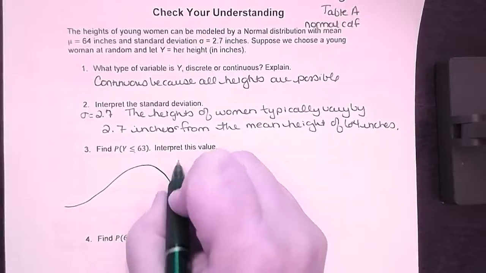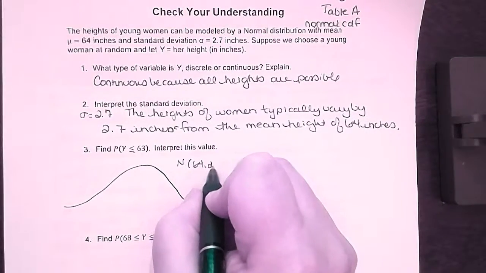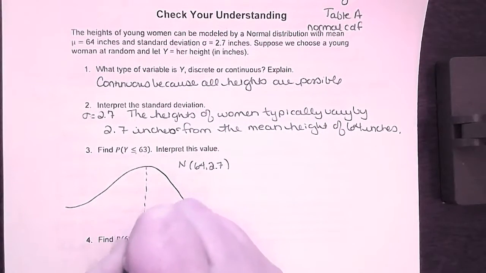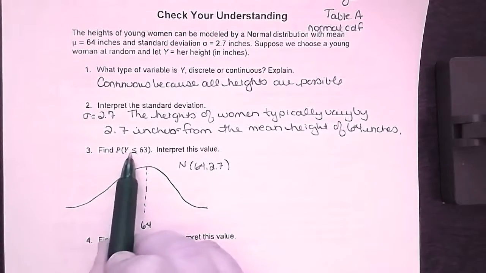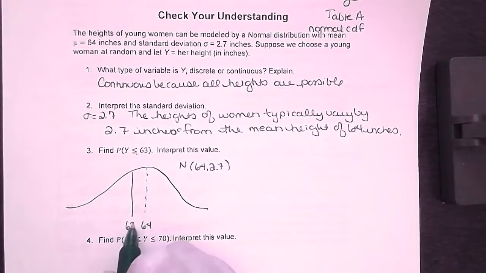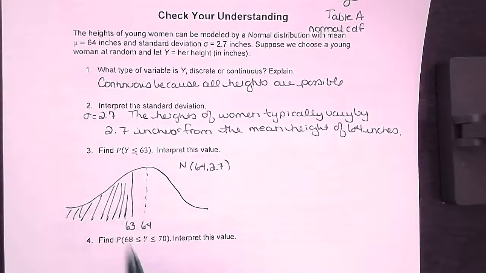So you have a normal curve with a mean of 64 and a standard deviation of 2.7, all right? So remember, right here is going to be your mean of 64. They're asking you what's the probability that that value is 63 or less. So say this is 63 and we want this whole area under the curve.